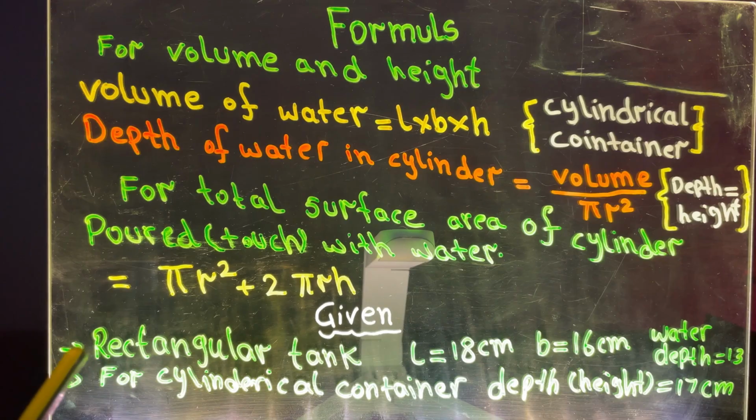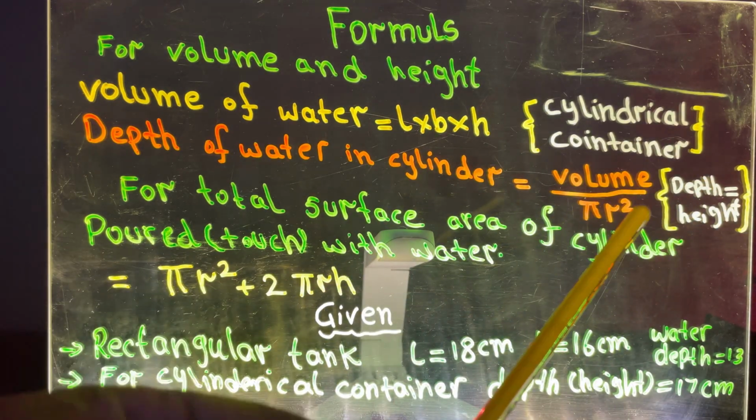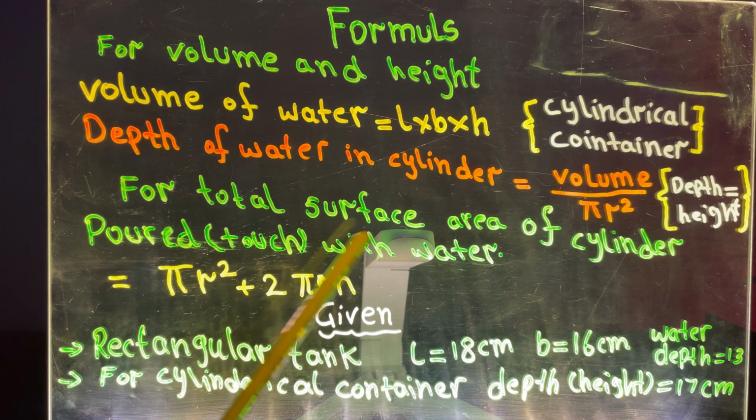For that we will use a formula: pi r square plus 2 pi r h. H is the depth that I already mentioned here. So instead of depth, we will use the value of height.